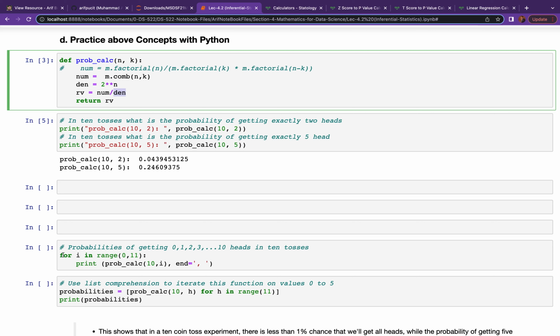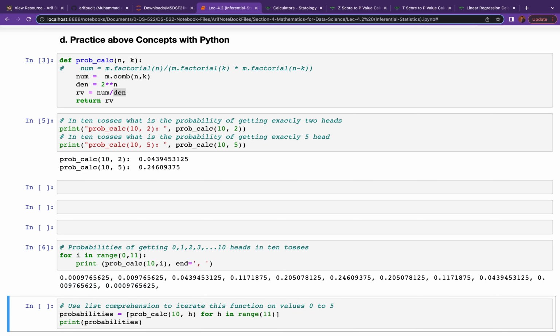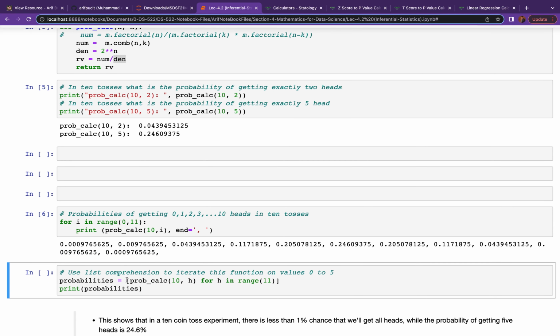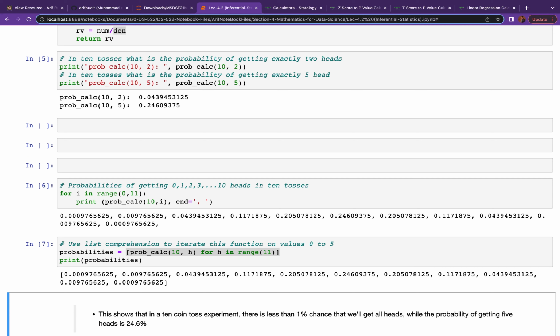Over here, you can see that I have used this loop from 0 to 10 and I have called this probability calculator function. So let me check it out. And the same can be implemented using the list comprehension. If you are comfortable with this, this is the Pythonic style.